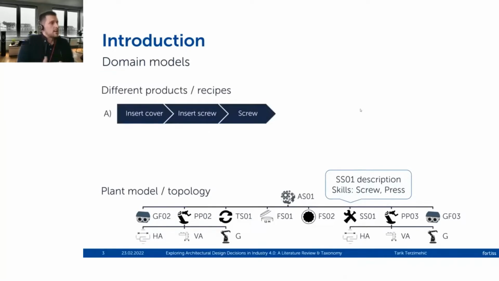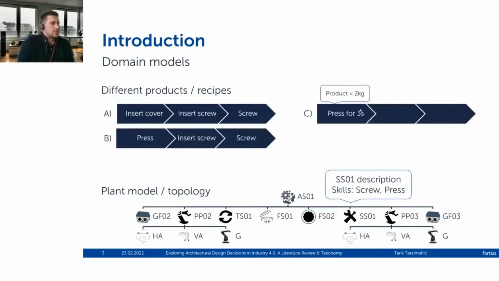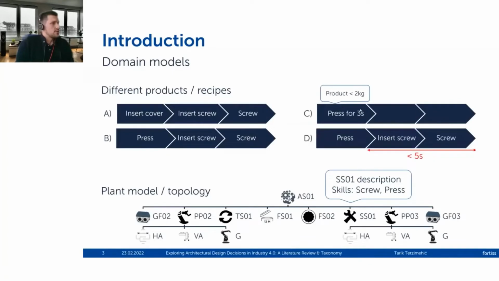Our recipe contains production steps which need to be done in order to produce the product. We see some very simple examples here, and later on we will see some application or methodology which can be used to model those recipes. Here we see different recipes, described with different production steps and maybe some internal constraints.